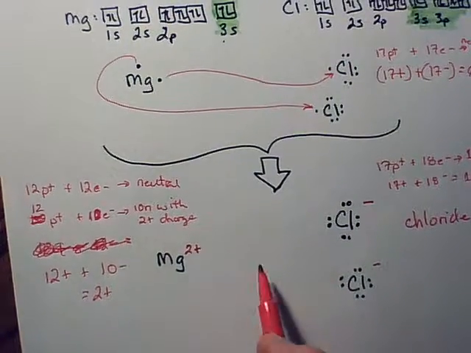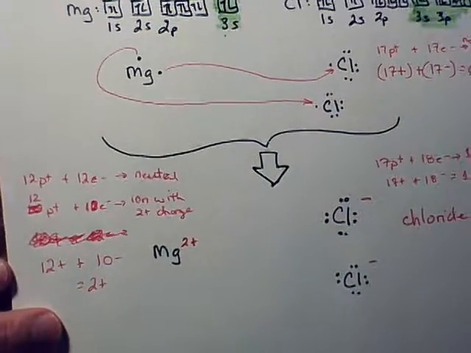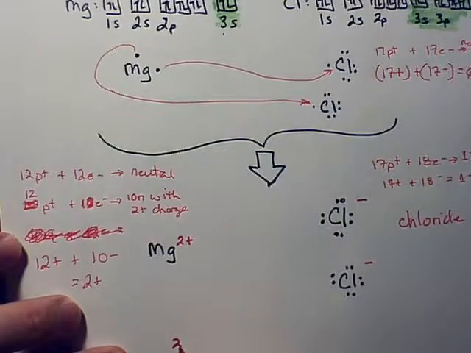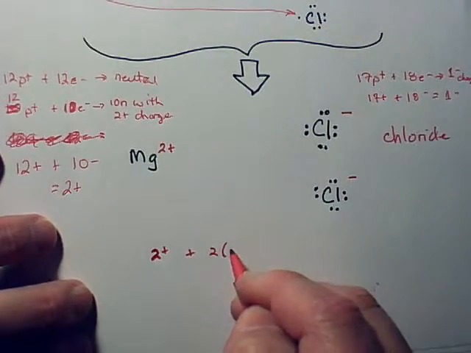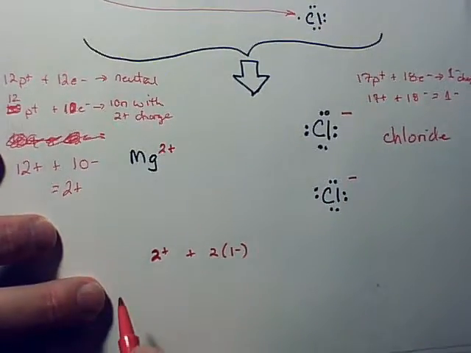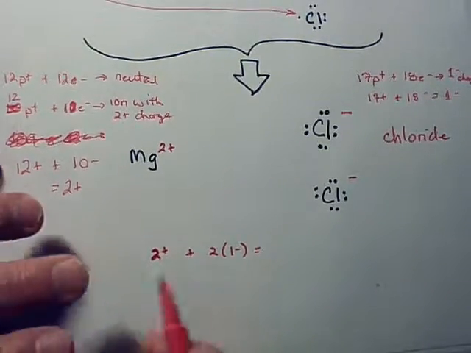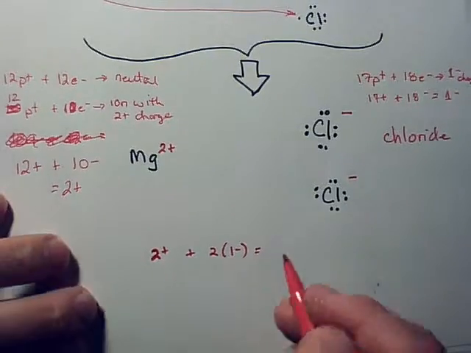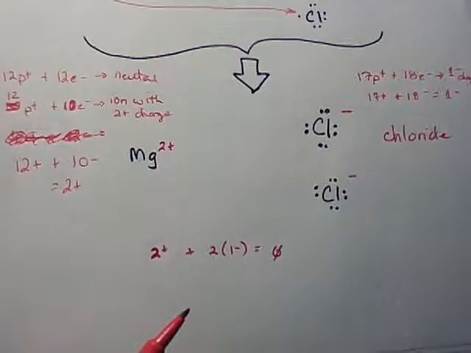Okay? Alright. So what we have now, we have a 2+ charged particle, and we have 2 one-negative charged particles. If we put them together, what is the resulting particle charge going to be? 0.